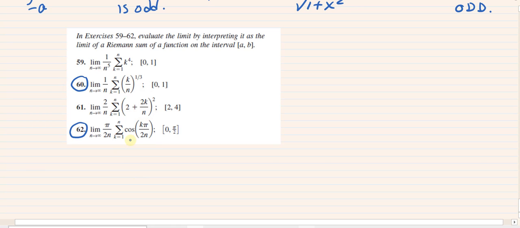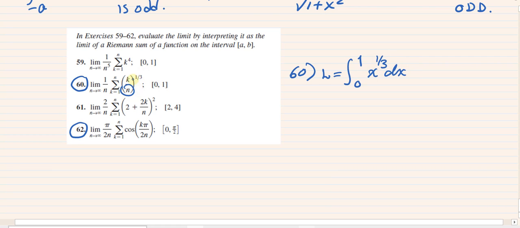Okay, so let's actually define what this means. The first limit of the sum in number 60, let me call the limit L. I can write that as the integral from 0 to 1 of the function, which is just going to be k to the 1/3, so that's x to the 1/3 and then dx.